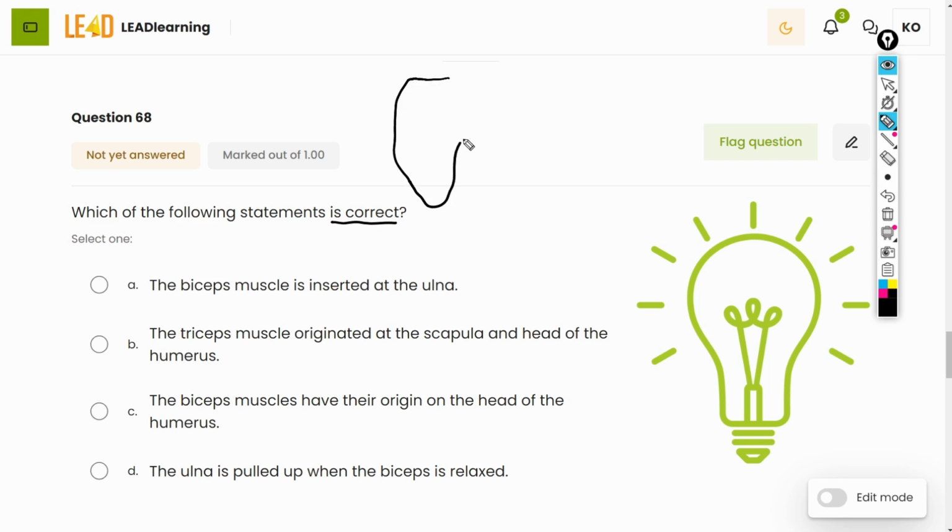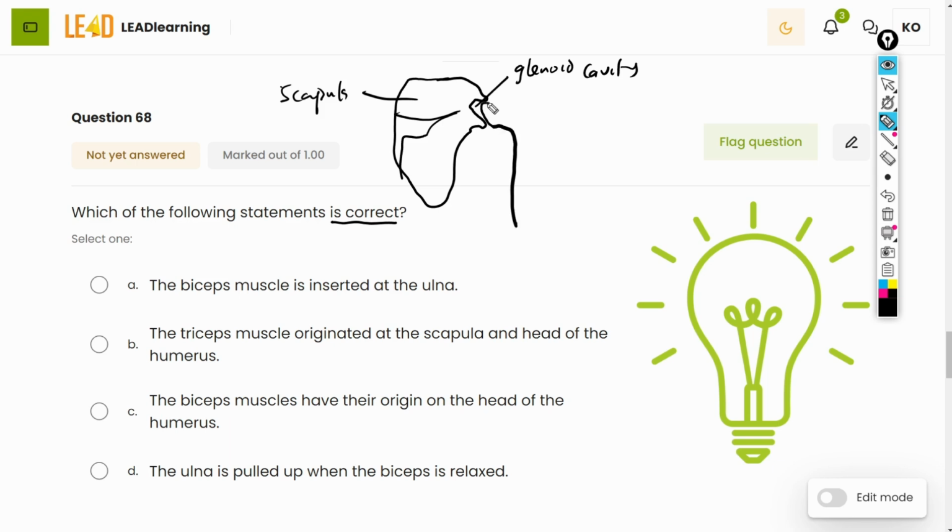Let's pretend that this is my scapula. This is the shoulder blade or scapula. This cavity here is the glenoid cavity. That is the groove that the head of the humerus fits in.